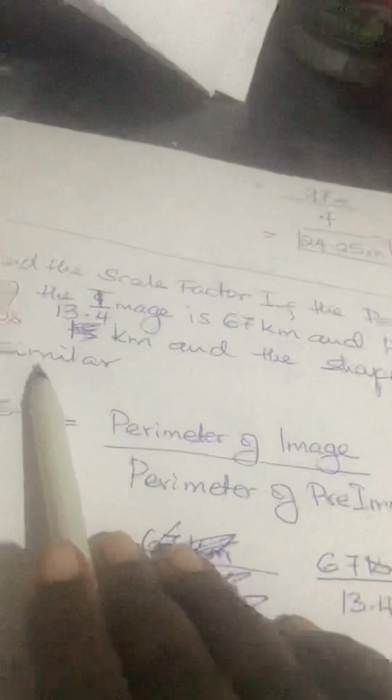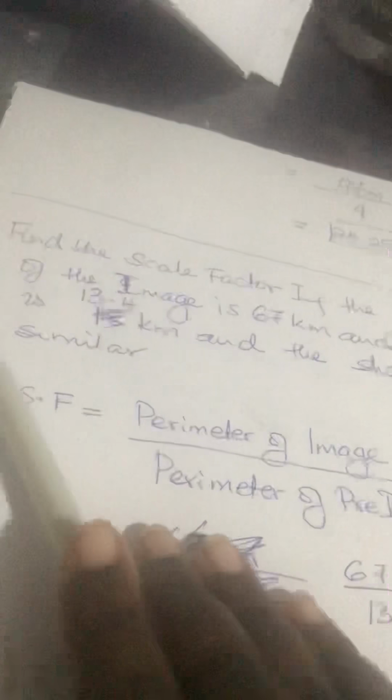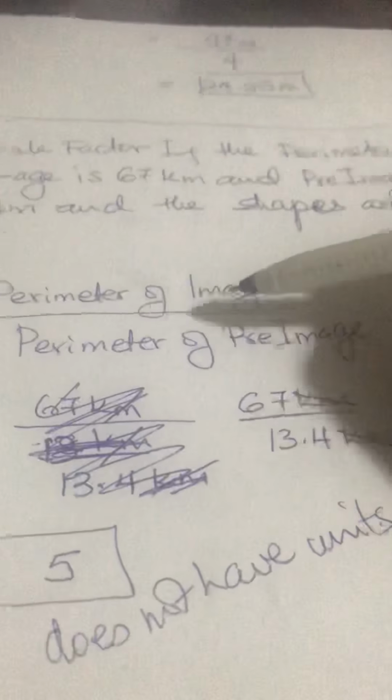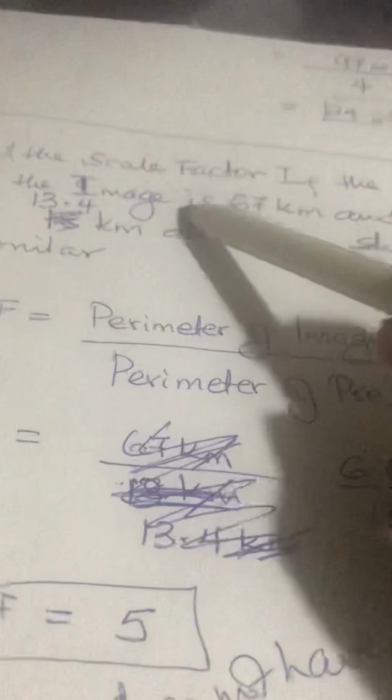Find the scale factor if the perimeter of the image is 67 kilometers, the perimeter of the pre-image is 13.4 kilometers, and the shapes are similar. Scale factor equals perimeter of image divided by perimeter of pre-image. So we will divide 67 by 13.4.